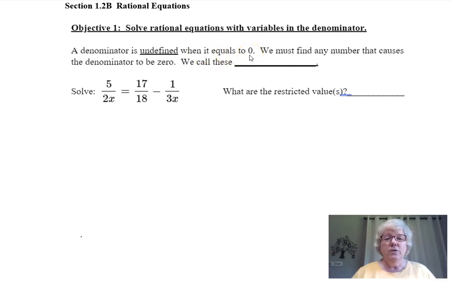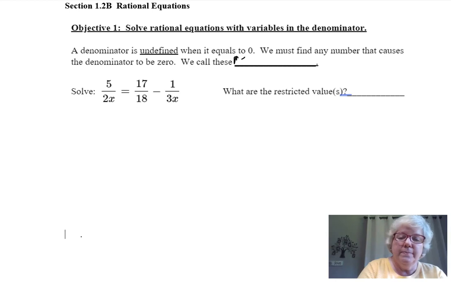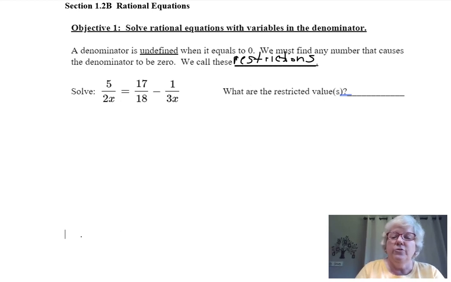So in all of these equations, before we solve them, we must find any number that causes that denominator to be 0. These we will call the restrictions. So whenever you are asked to find the numbers which cause 0 denominators, those are called the restrictions.